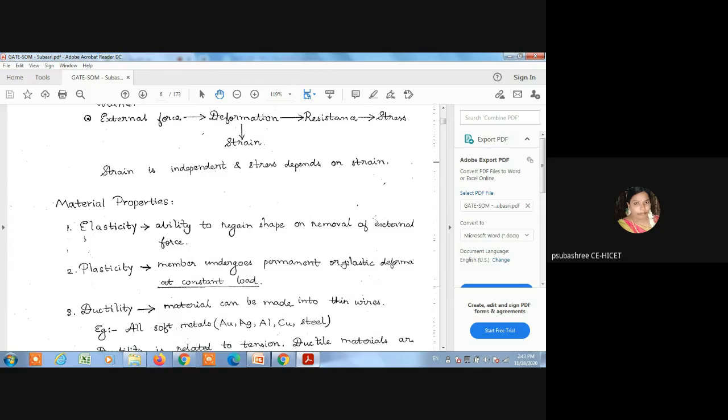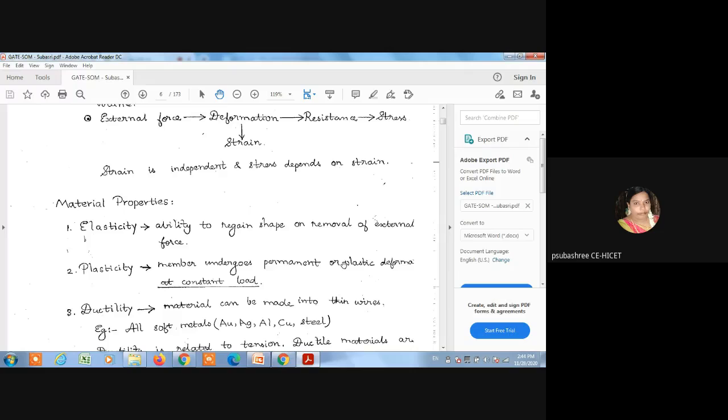Then material properties. What are the material properties? The first one is elasticity. Elasticity means the ability to regain shape on removal of external force.